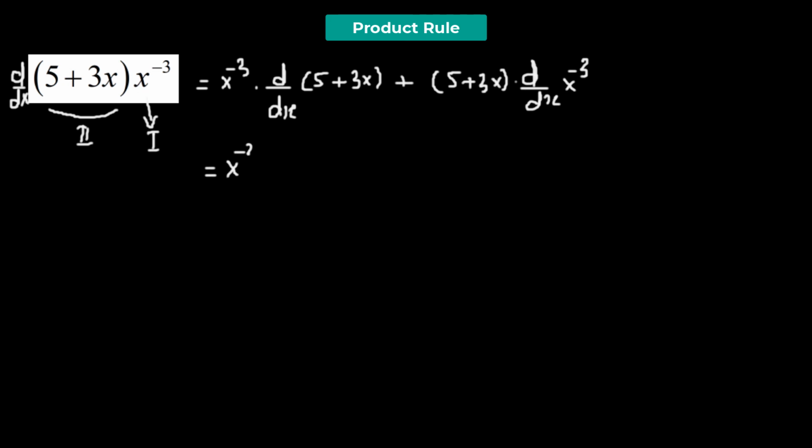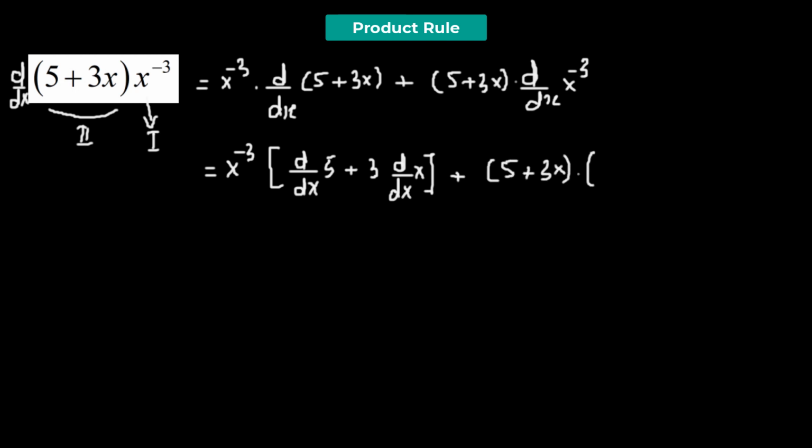So we have x raised to the power of negative 3 multiplied to the derivative of 5 plus 3 times the derivative of x, plus 5 plus 3x multiplied to the derivative of x raised to the power of negative 3, which will be negative 3 times x raised to the power of negative 3 minus 1.